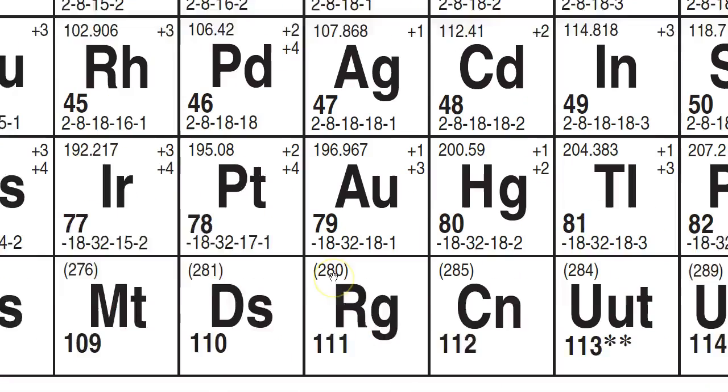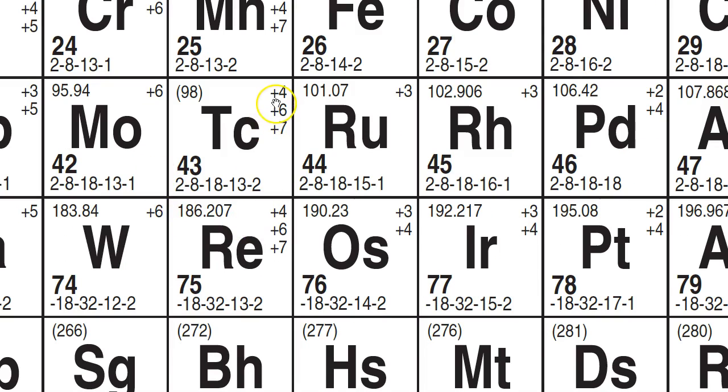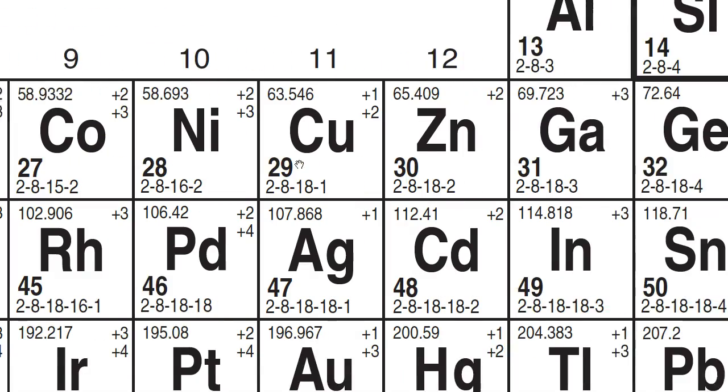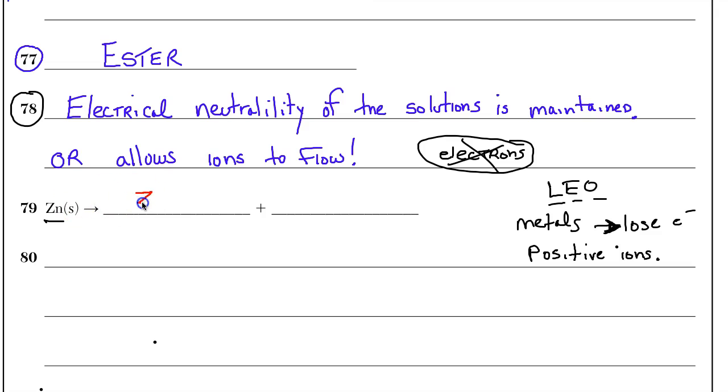You can't find me a metal that's left of the staircase that becomes negatively charged. All metal atoms, neutral, become positive ions. And zinc is no different. It becomes +2. So that's the charge it becomes when it gets oxidized. When the atom loses 2 electrons, Leo, it becomes +2. So zinc becomes zinc +2.